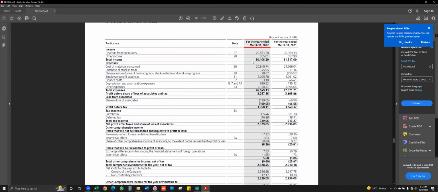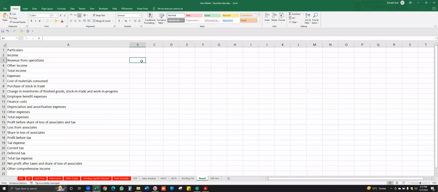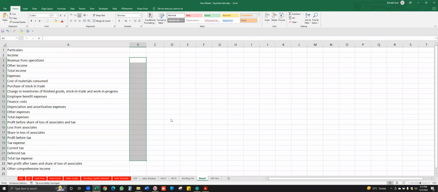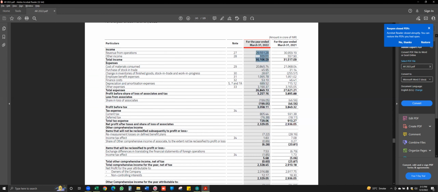Only copy the number. If there's a space, just stop over here. But if you copy the same thing like this, you will not get the numbers. It should end over here, net profit, but it is ending over here in deferred taxes. So this doesn't take the spaces.